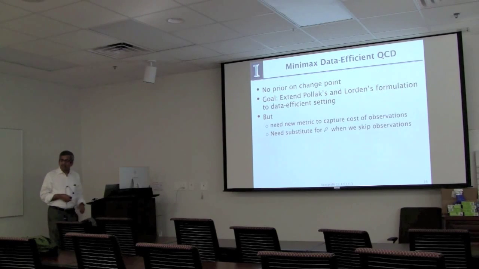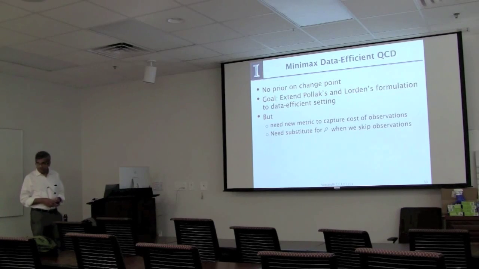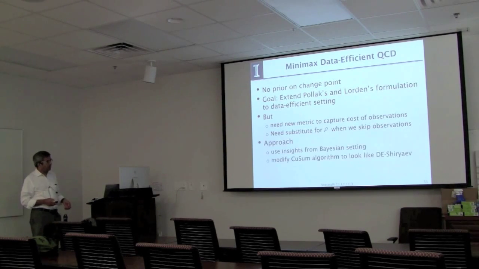The other thing, the more important thing, is what do we do when we skip observations, right? In the Bayesian setting, it's nice: when you skip observations, you can still use the prior. Okay, the prior tells you something about how likely it is that the change happens.